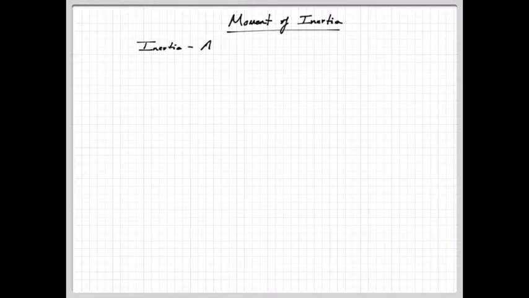So I stands for your moment of inertia. Now if you remember, inertia was an object's ability to resist a change in motion, right?